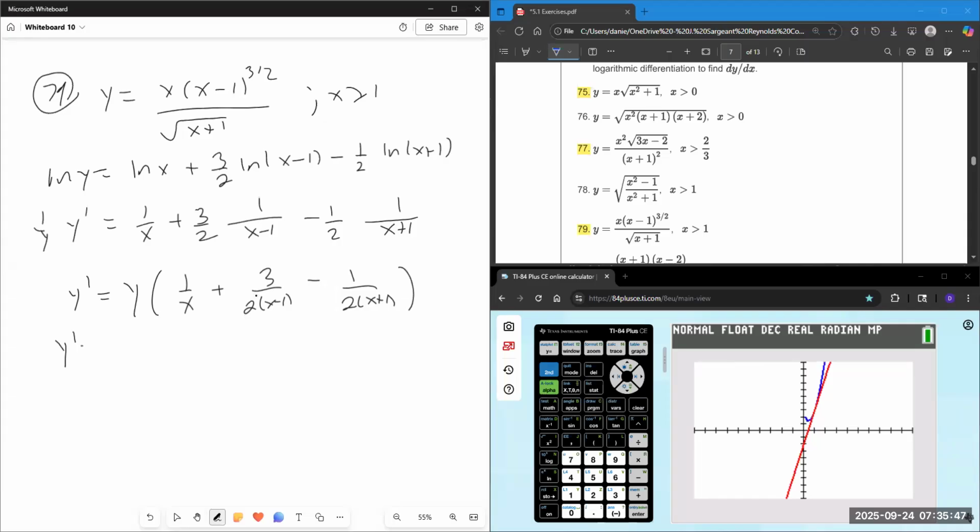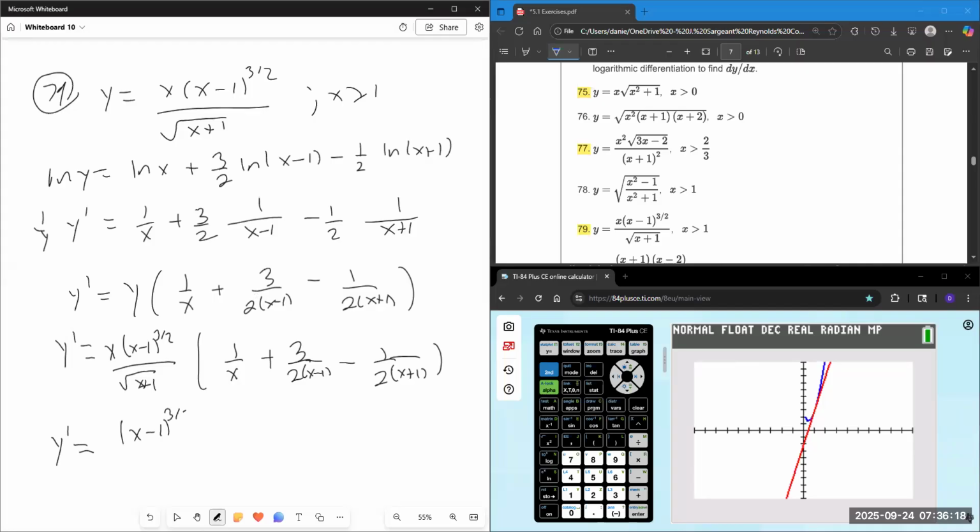So y prime is equal to x minus 1 to the 3 halves over root x plus 1 times 1 over x plus 3 over 2 times 1 over x minus 1 minus 1 over 2 times 1 over x plus 1.